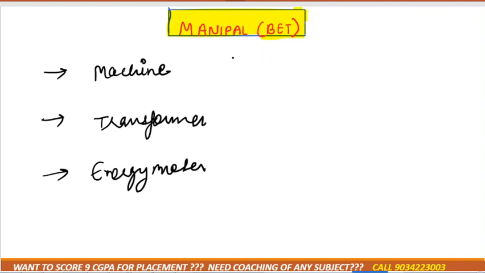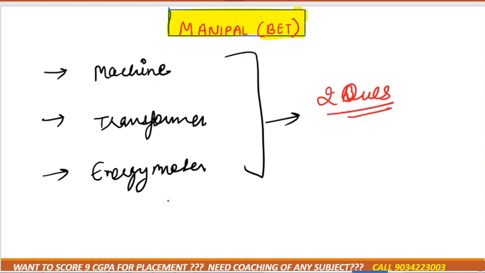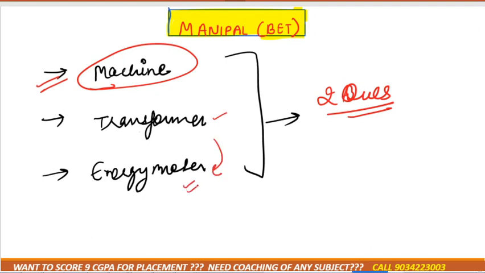So from these three topics, two topics will definitely come, meaning two questions will definitely come. Okay, clear? So every time according to Manipal, machine will definitely come. If they give transformer, they won't give energy meter. If they give you energy meter, then they won't give transformer. Every time they will give you the machine.